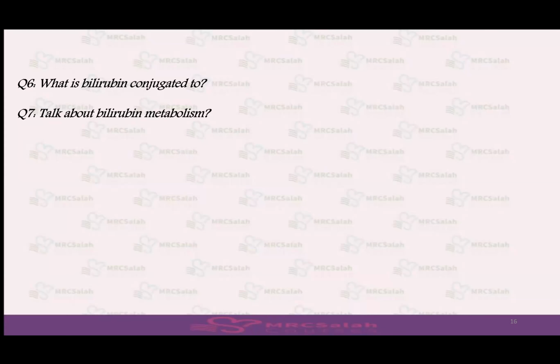The conjugated bilirubin will pass to the colon, where it is deconjugated by the colon bacteria and metabolized into urobilinogen, which oxidizes to form stercobilin, which gives the stool its color. And about 10% of urobilinogen is reabsorbed into the enterohepatic circulation to be excreted in the bile, and some by the kidney.